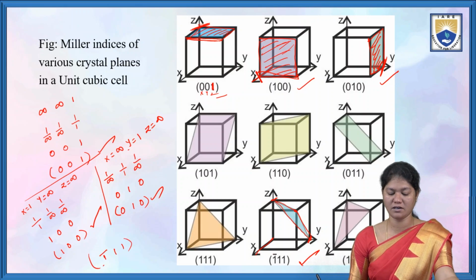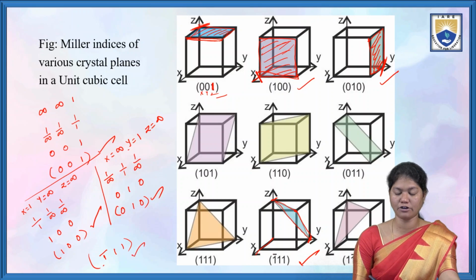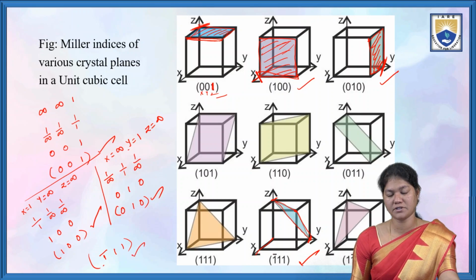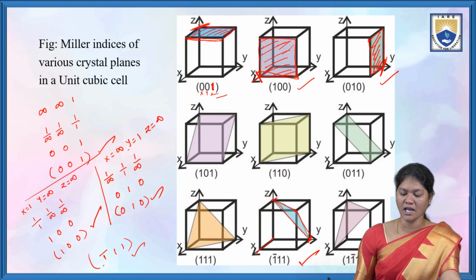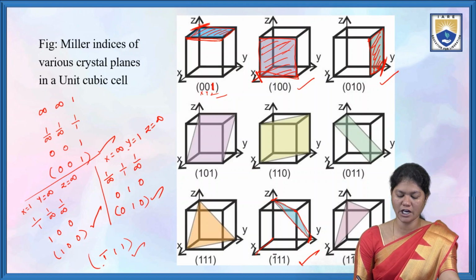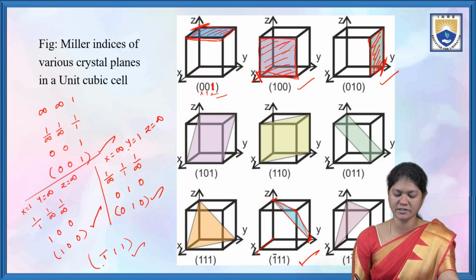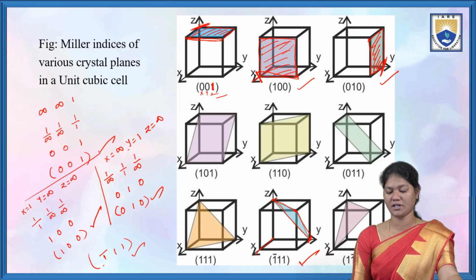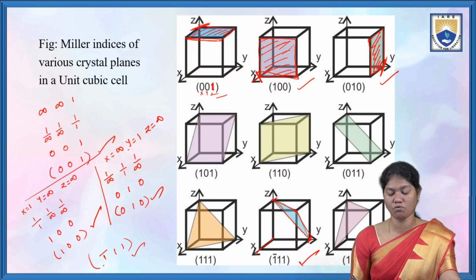Since x is intercepting inwardly, a negative axis, we take 1 bar, but the remaining are positive. So 1 bar 1 1.